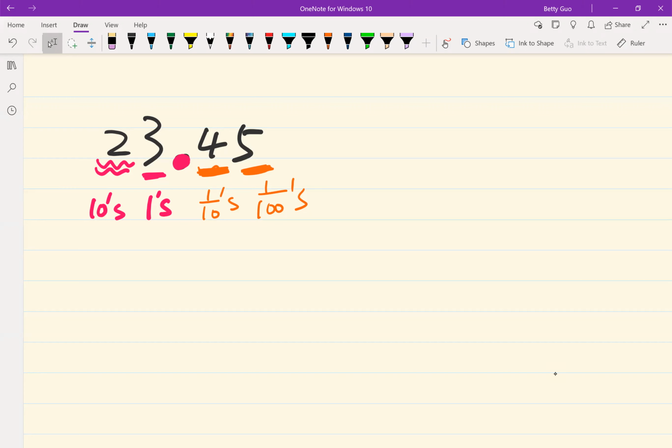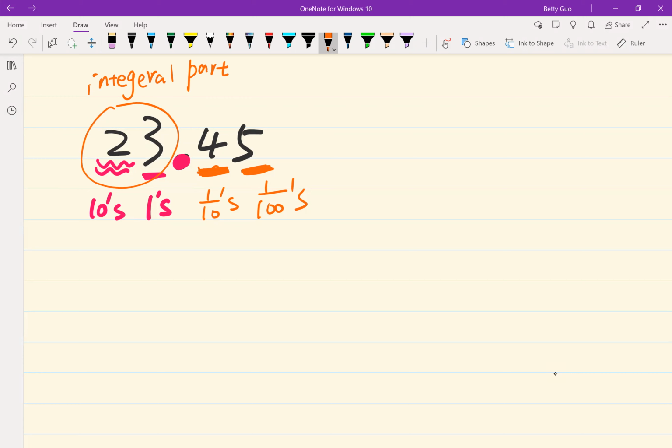To the left of the separator, we have the integer part, or sometimes we call it the integral part. $23, right? 23 is an integer, a whole number.